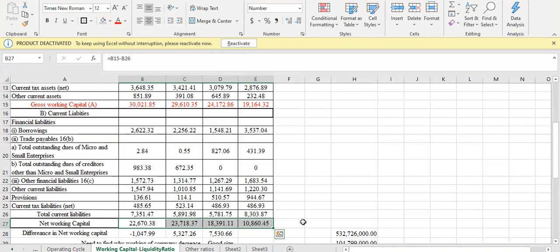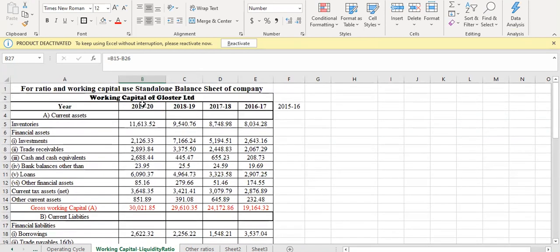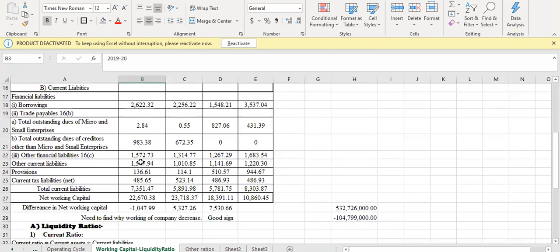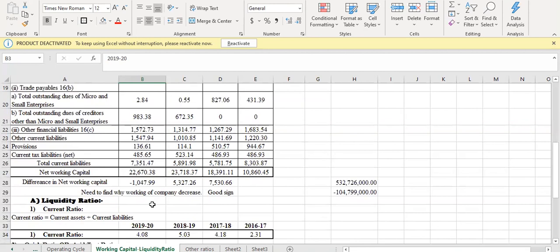Here the trend shows that working capital is increasing, because you can see it is 10, then 18, 23, and 22. It is increasing, but slightly decreasing in the year 2019-20. This is nothing but the interpretation.